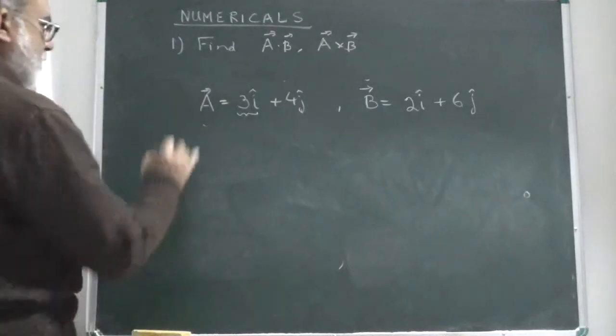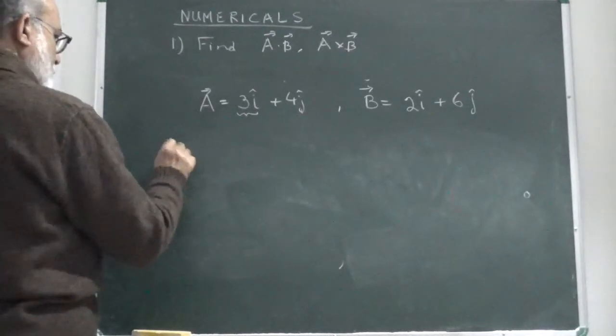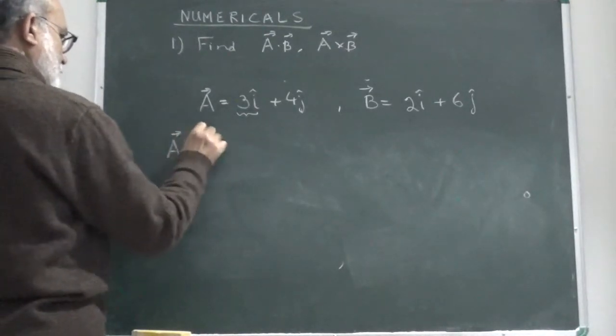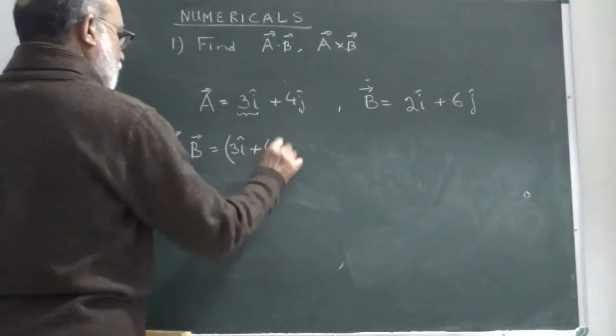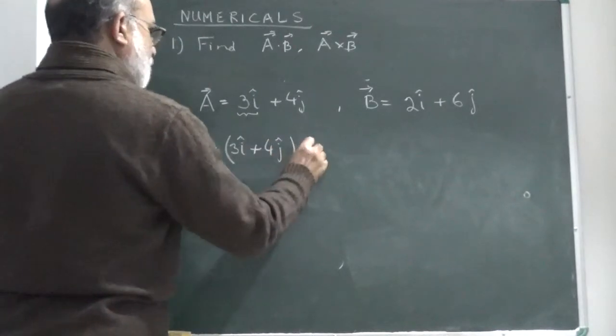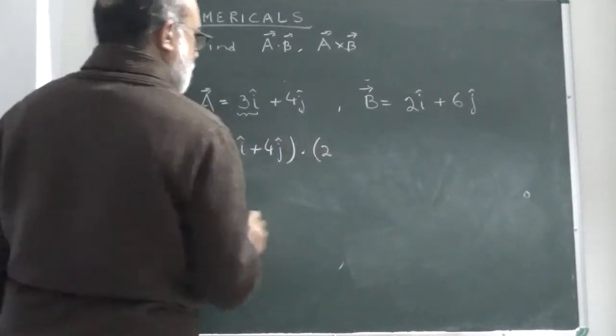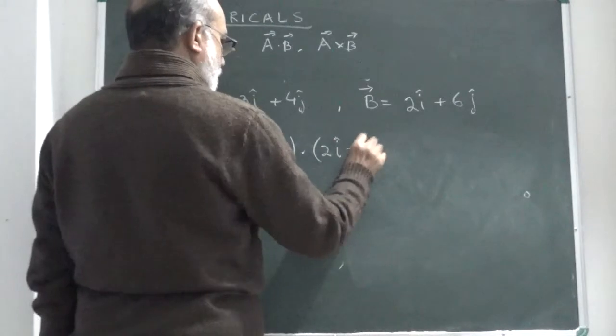So A dot B means 3i plus 4j dot product 2i plus 6j.